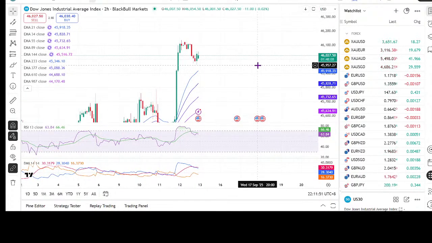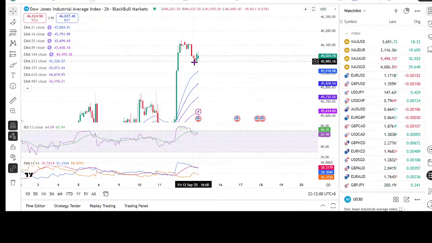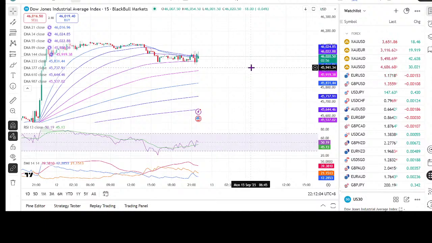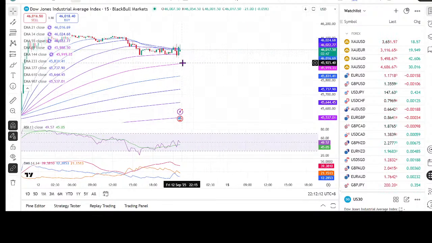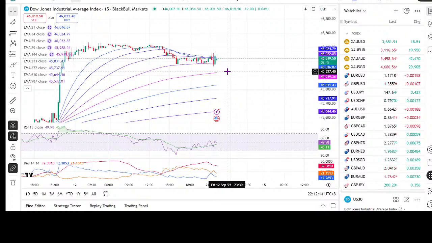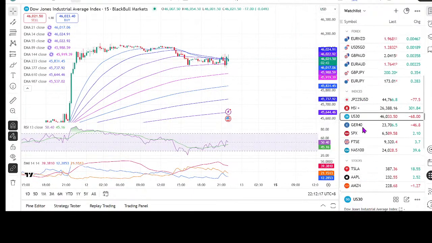The stop loss we can put either 950 or 910, and this is going to be in a range, so we will try to buy around 960.